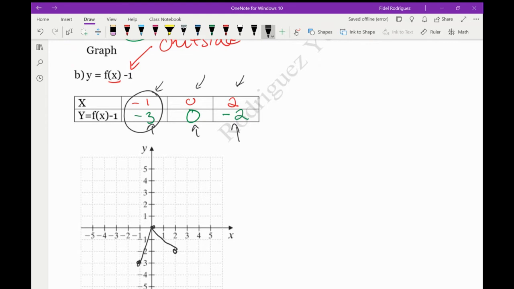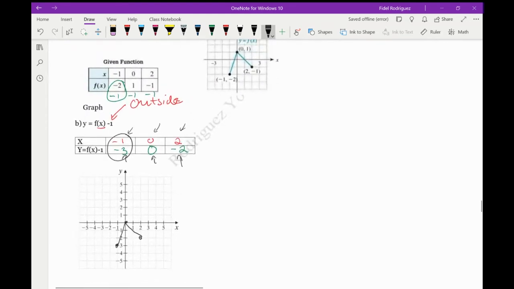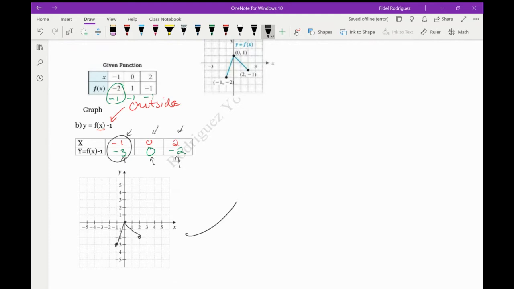There we go. And this graph, compared to this one, moved down 1 space. That's all we did. We just took that graph and pulled it down 1 spot, right?